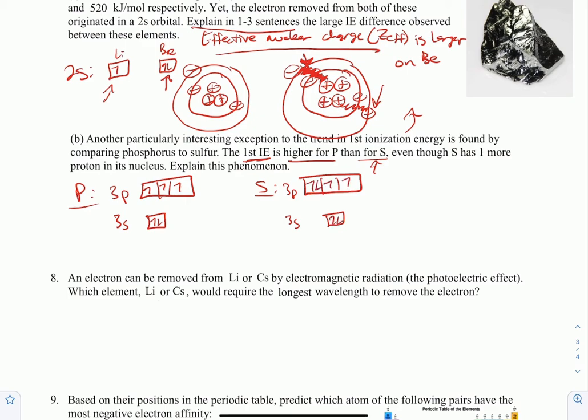So why would taking this electron right there cost more energy than taking, say, this one over here on phosphorus? Well, if you remember from our exceptions to the D subshell, each D subshell has 5 orbitals.